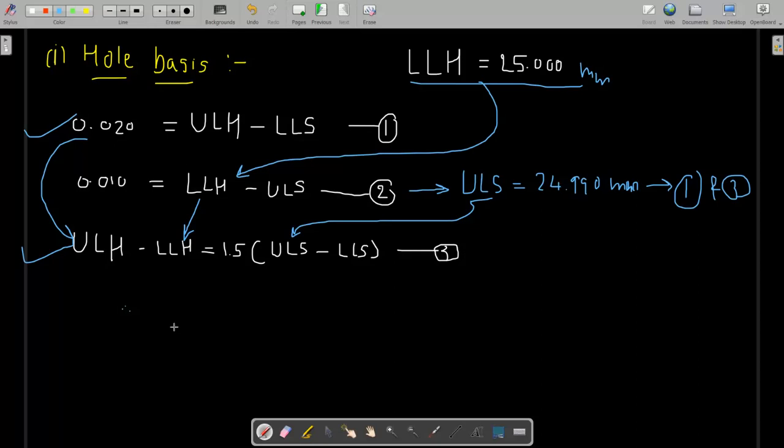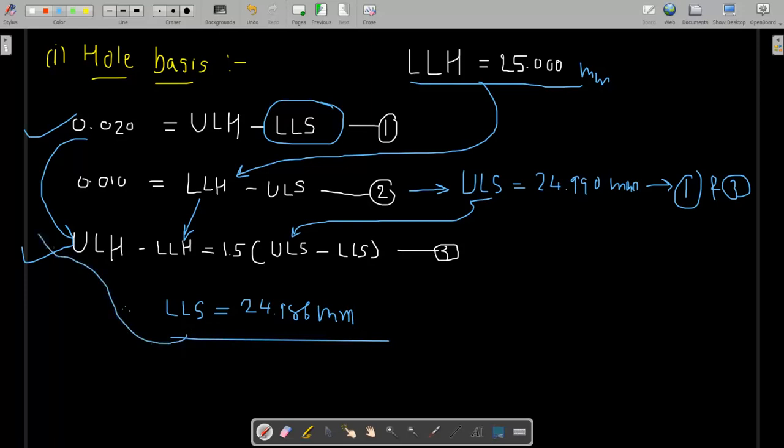You will get the lower limit of the shaft, because we have converted the upper limit of the hole in terms of the lower limit of the shaft, and all the other values are given. So the one unknown, the lower limit of the shaft, is 24.986 mm.